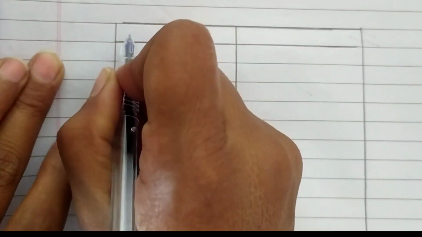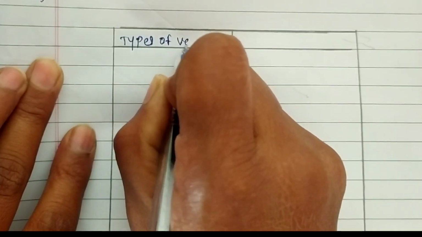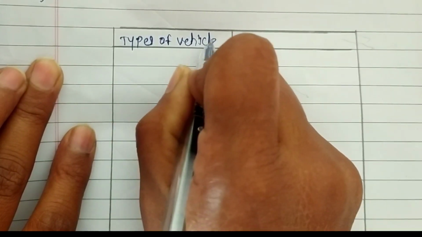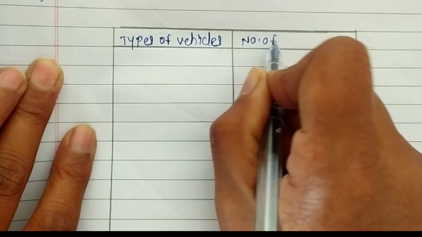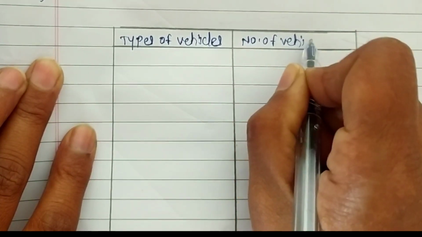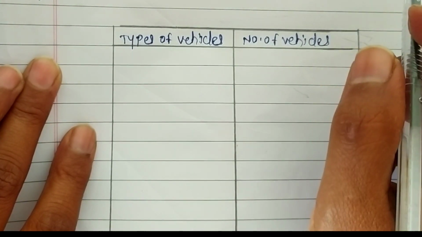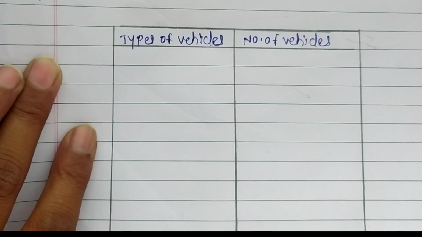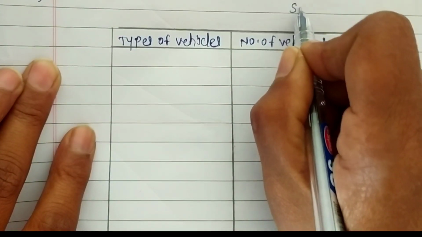Make 2 columns, and let's write here types of vehicles, and we have to write here number of vehicles. Now write here scale.